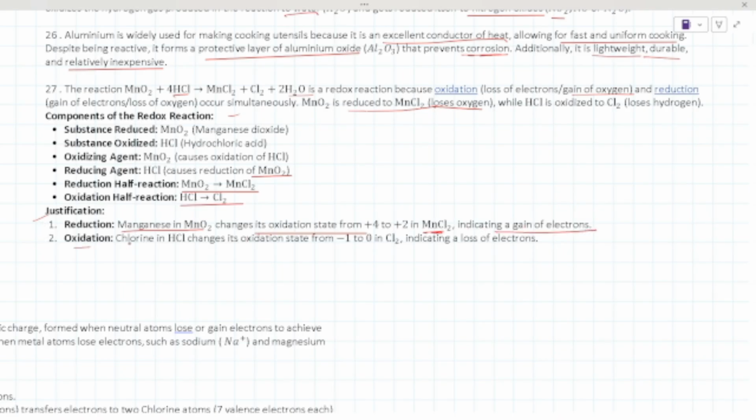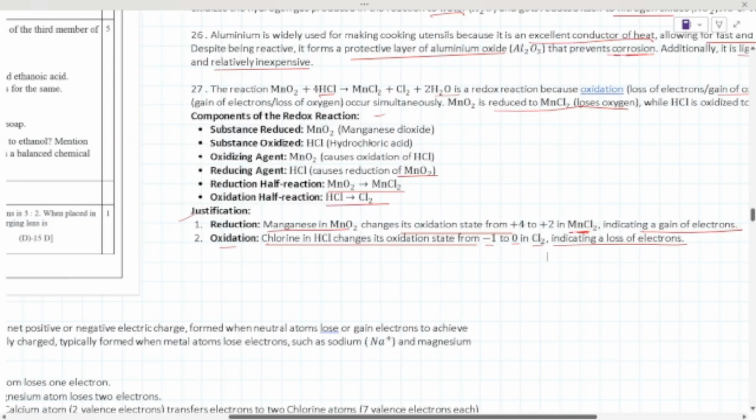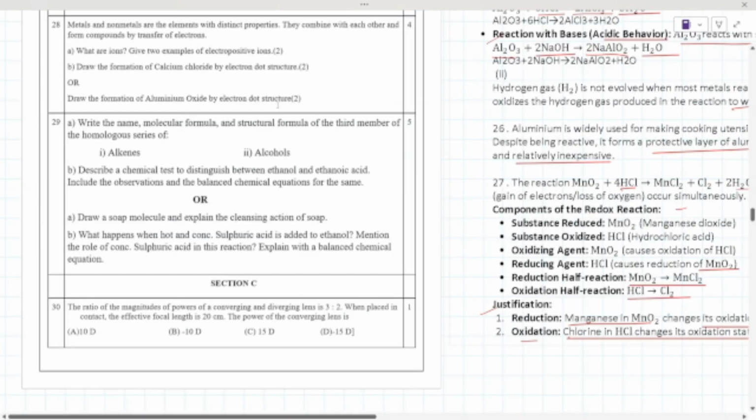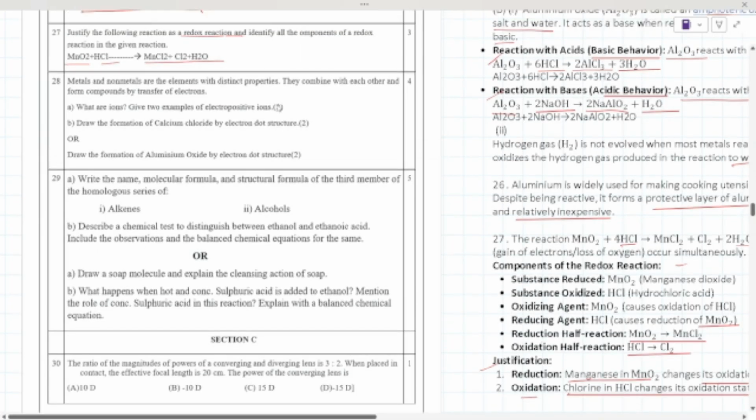And oxidation, that is for chlorine, changes oxidation state from -1 to 0 in Cl2, indicating a loss of electron. Is it clear? Clear now?